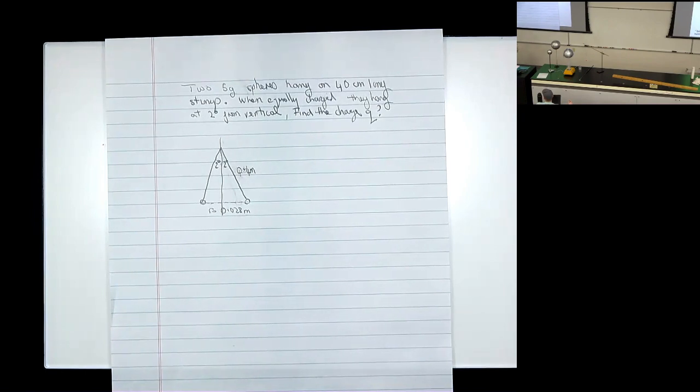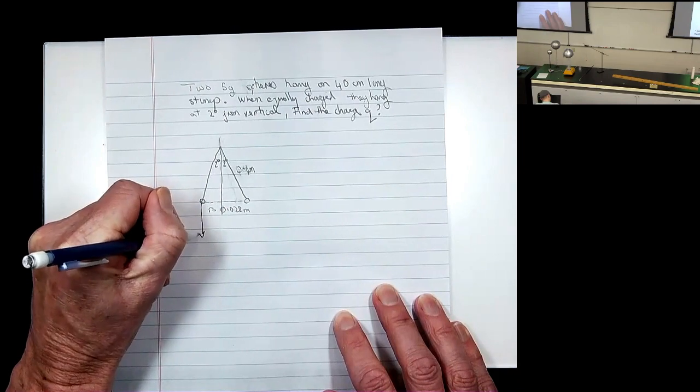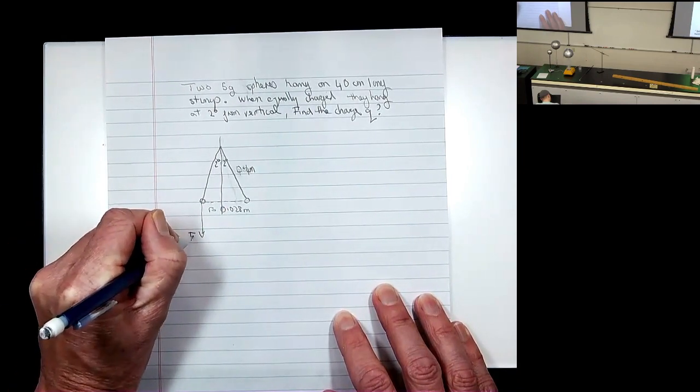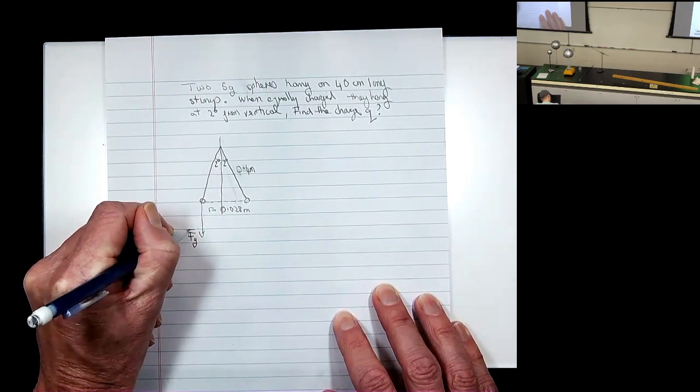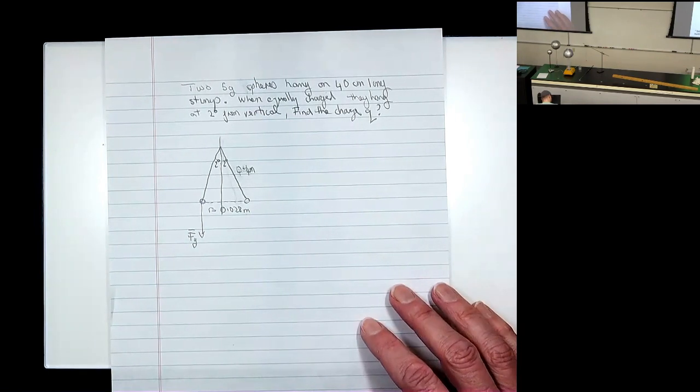And the first thing I did was to go about sketching the forces that are acting on that left-hand charge. I wanted to make sure I understood all the forces that are involved in this problem. So let me start by doing that. One force is gravity. So it's downwards. I gave it a downwards arrow, and I've indicated that as F with a subscript G. That's the gravitational force.